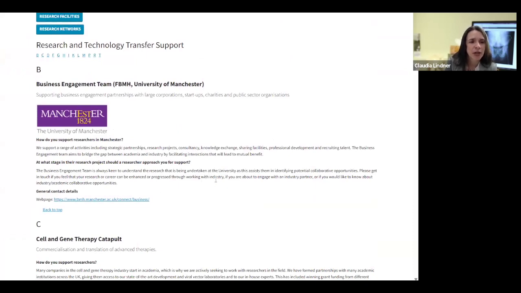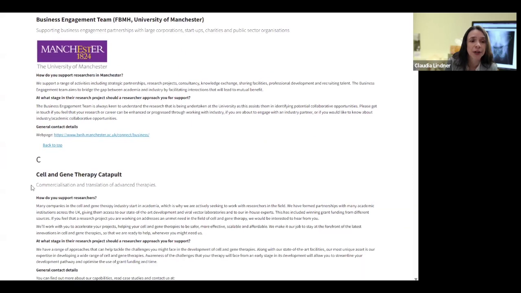Some of these stakeholder items will have a Manchester University logo, which means that support is mainly directed at members of the University of Manchester or the Greater Manchester Health and Care ecosystem. But there's also a whole range of other support stakeholders that don't have that icon that provide support for everyone, no matter where you're coming from.